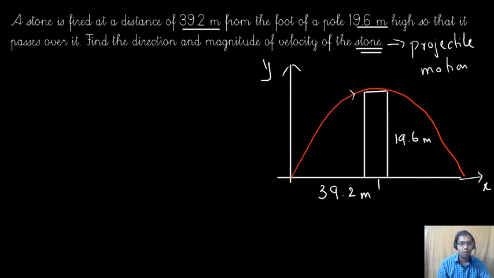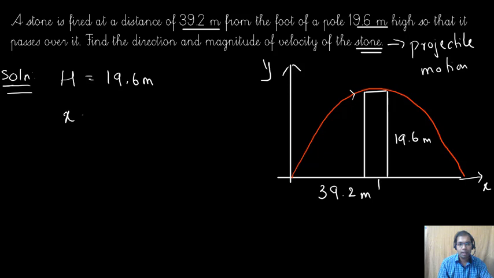So right now, if you have a look at what all is given, I have been given a total height of 19.6 meters, which is exactly halfway through the distance, or halfway of the range.